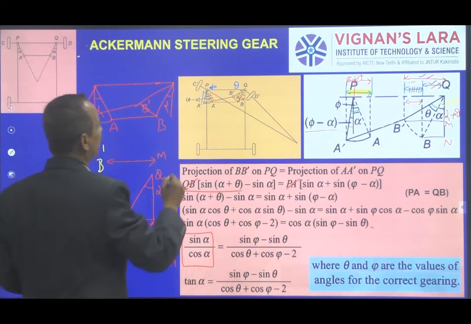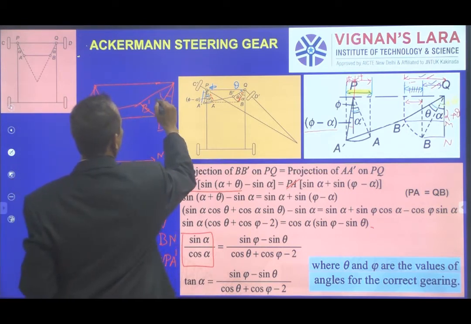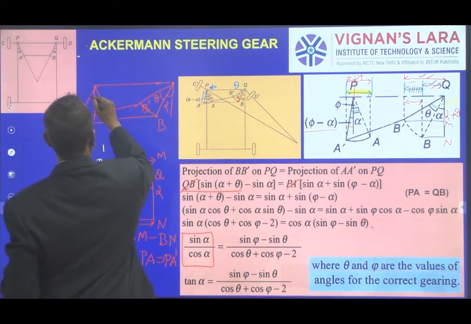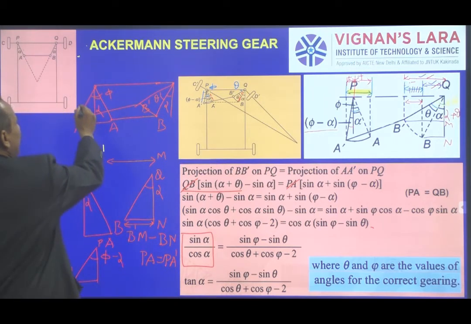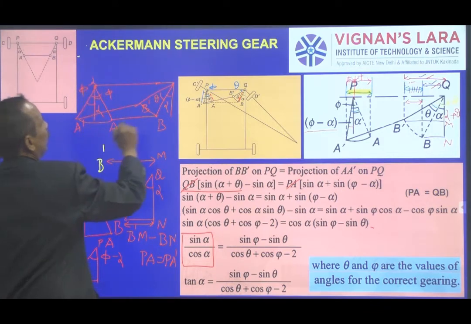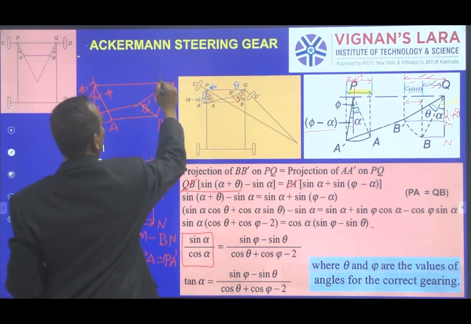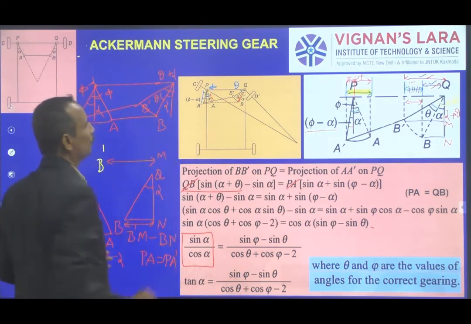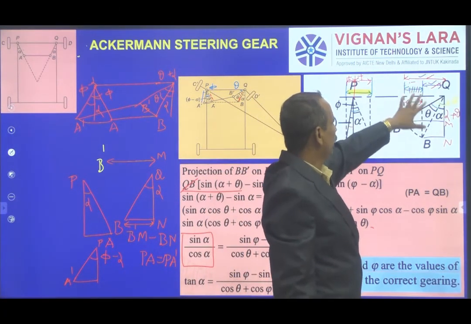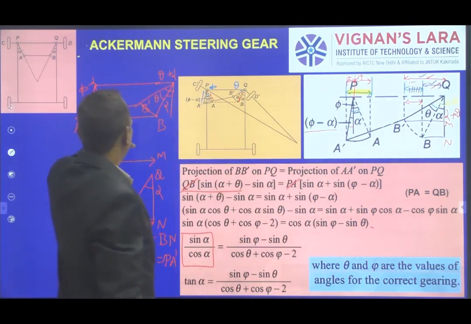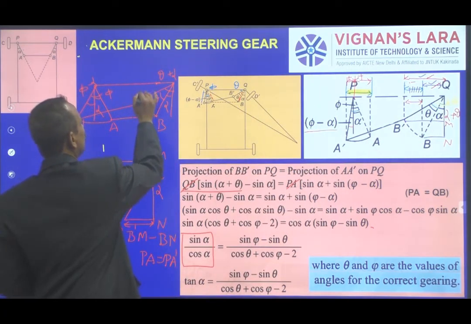And these angles we can represent as theta and phi. Then this net angle will become phi minus alpha, and this net angle will become theta plus alpha. Later you project it, and with simple geometry you can represent it.